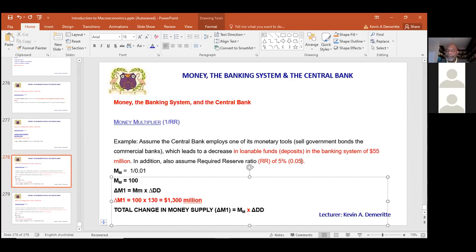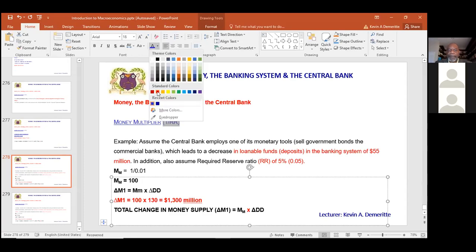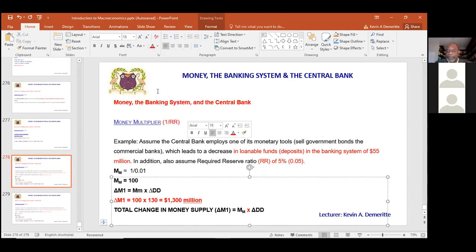So far, so good. Now, to find out how much the money supply changes, we need the money multiplier and we need the change in demand deposits. So the money multiplier, we said, is 1 divided by our required reserve ratio. And the question tells us that our required reserve ratio is 5% or 0.05. So we end up with 1 divided by 0.05.